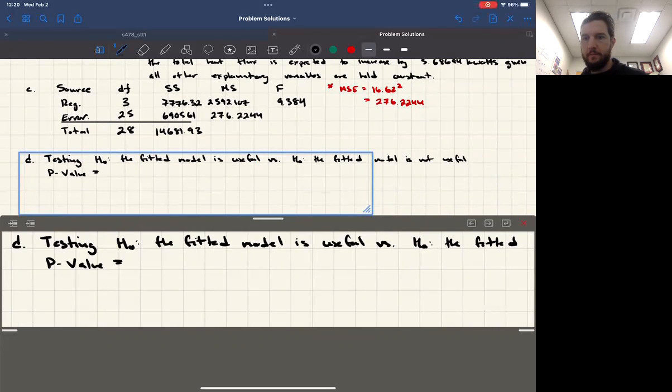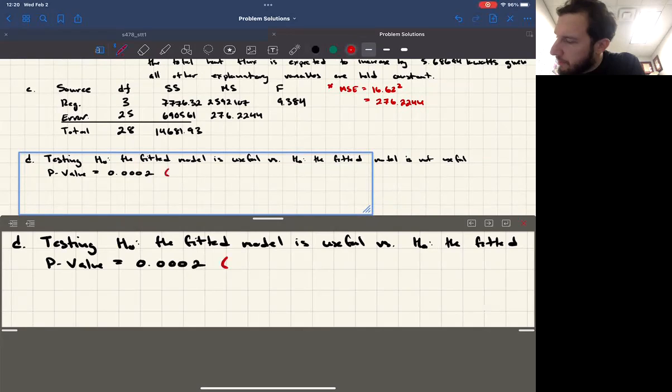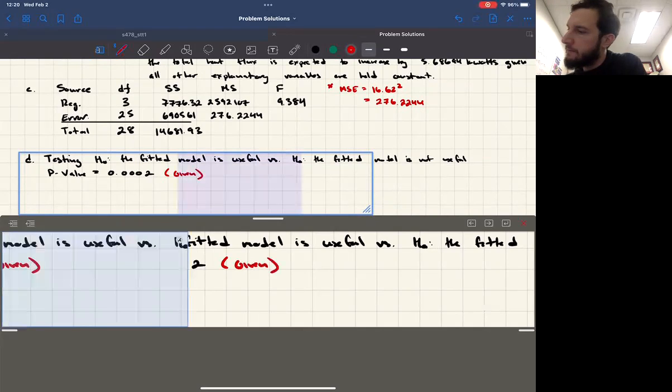Okay. So the p-value, as you can imagine, is going to be quite small. So we'll say this is given.